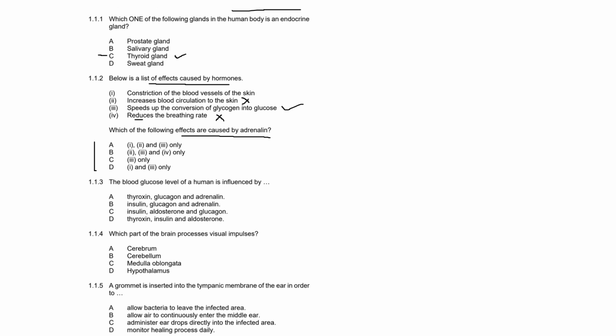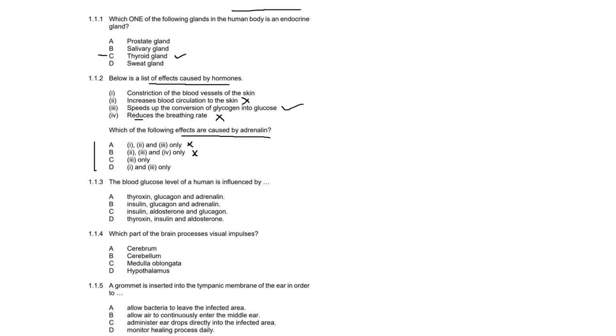So far, whoever has number 4 is wrong. B has number 4, so it's out. Also, whoever has number 2 should be out. A has number 2, so that's out. The last option we haven't touched is the constriction of blood vessels in the skin.